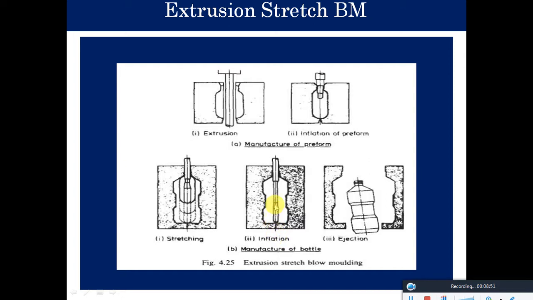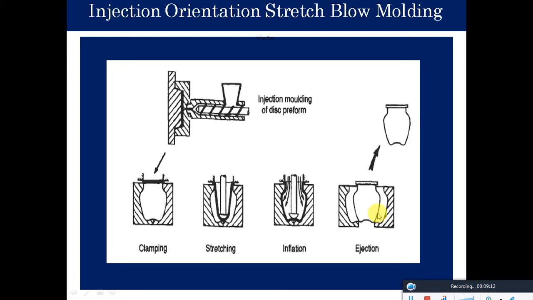Then the inflation is allowed to take place, and after this preform is blown up, we get the shape of the die or mold that we use. Then after cooling, it can be ejected outside. So the final product would be obtained as shown in the final step.